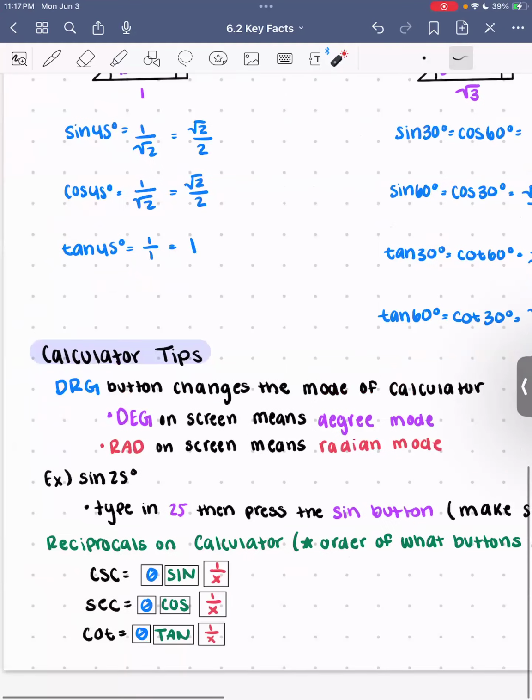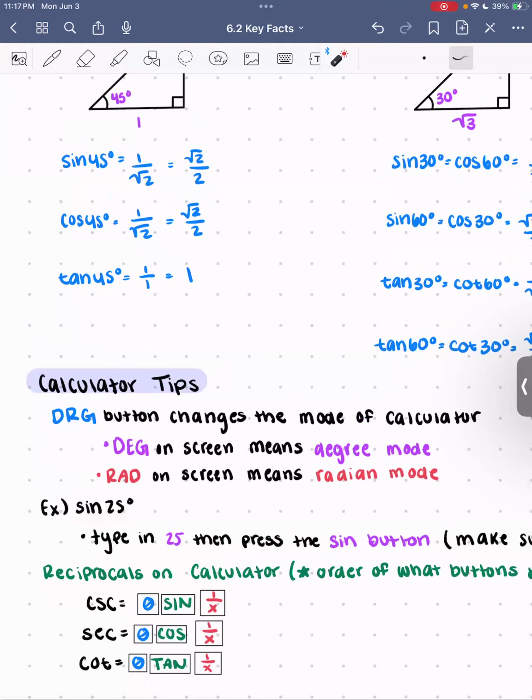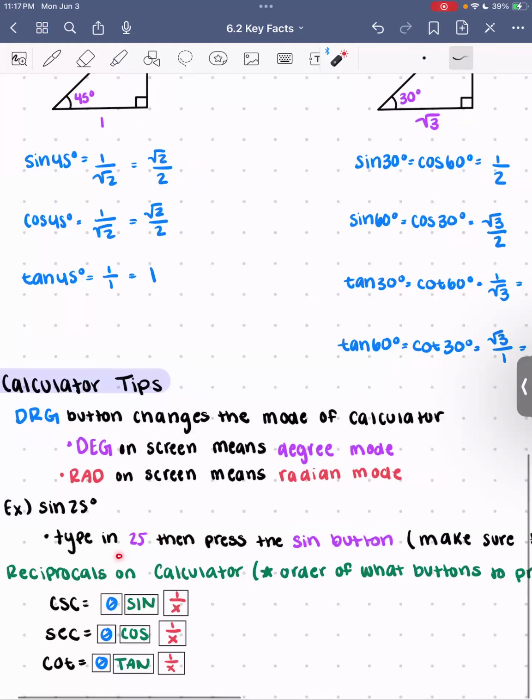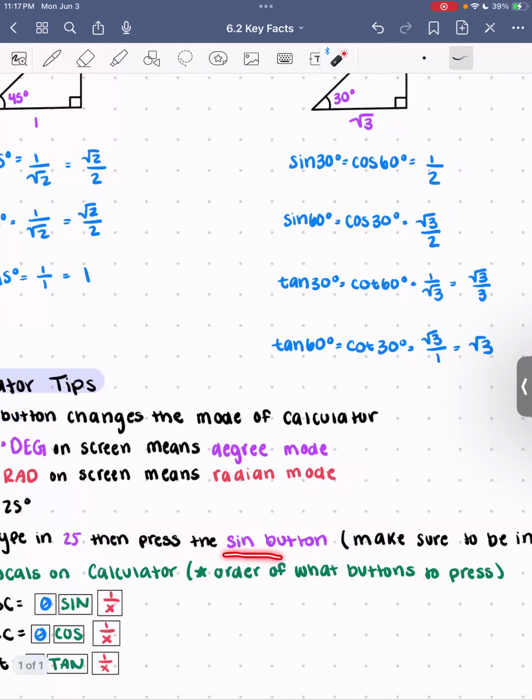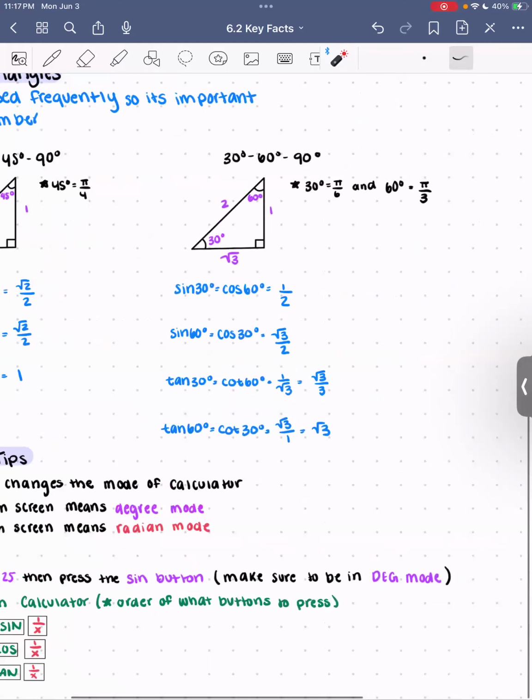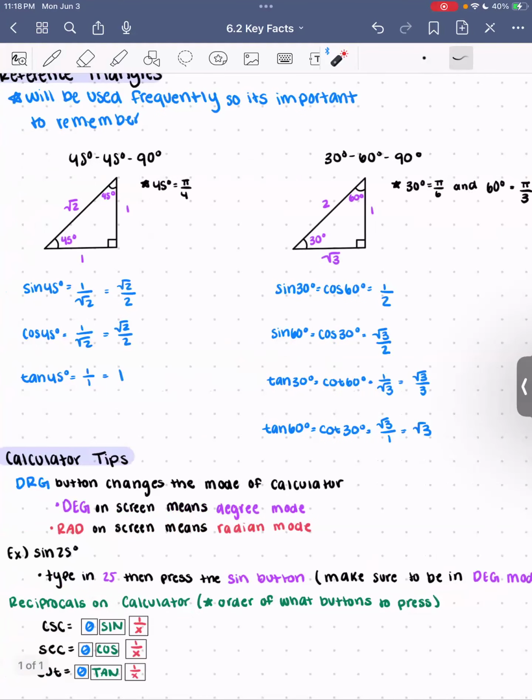Let's do an example of how to type in a question like this. If it was to give you sine of 25 degrees, you would type in 25 first on your calculator, and then press the sine button. In this case, make sure you're in degree mode. Once you press that, it should give you an answer.